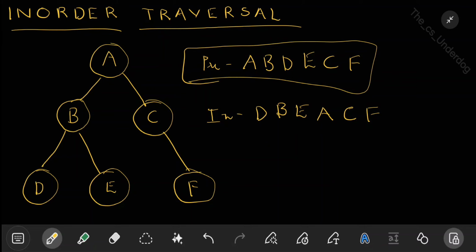In order to obtain in order, you use a very similar technique. The only difference is this time, with whichever is a leaf or doesn't have any children, you just put two strokes like this on those. This is because we need to understand whether it is the first visit, second visit or the third visit. So in order to differentiate between the first, second and third visit, I am putting these extra links wherever there is no child.